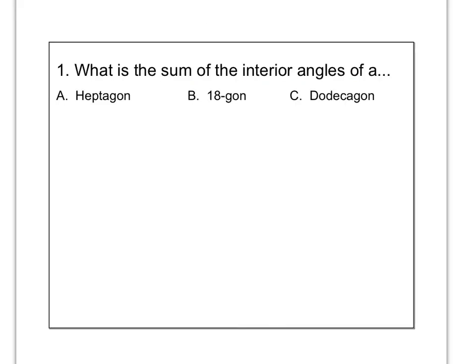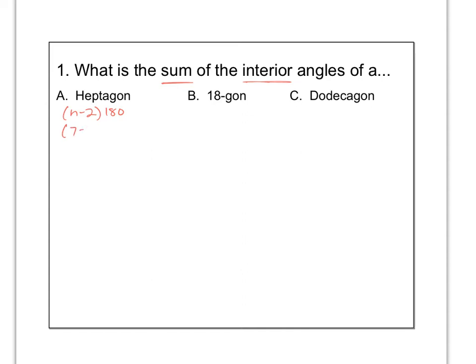So here's what the homework will look like. Number 1, what is the sum of the interior angles of a heptagon? Try to think back, what was a heptagon? If you're thinking 7, you're right. So remember, this is where we're going to use n minus 2 times 180. We want the sum of all the angles.